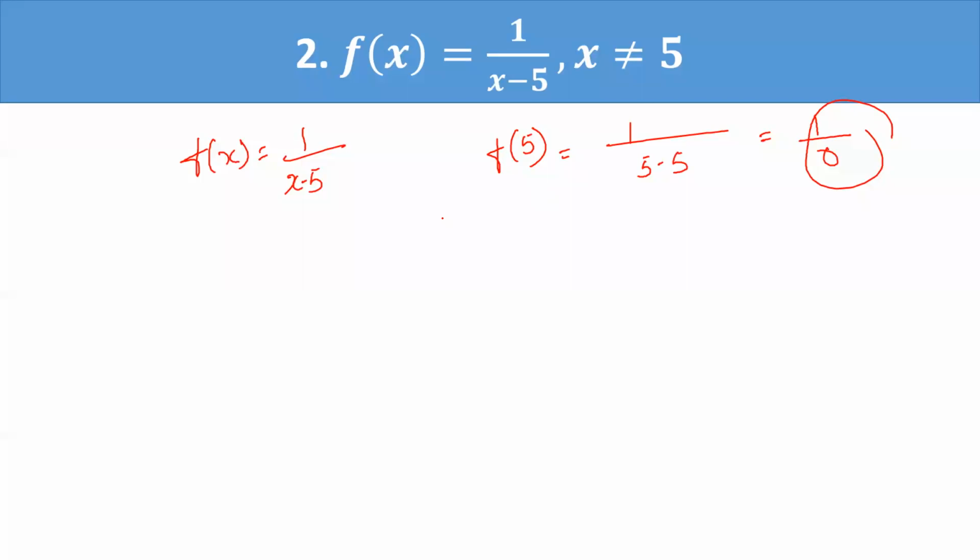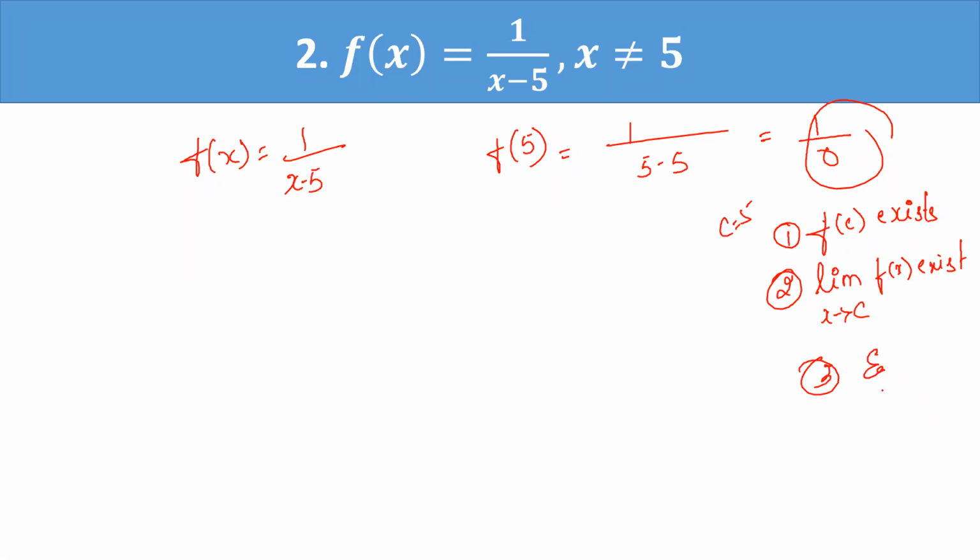That's why the function is not continuous at x equal to 5, because of the first condition. What is the first condition which you have to verify at a point? f of c exists or not, correct? The second condition is whether the limit of f of x as x tends to c exists or not, and the third condition is whether both are equal or not.